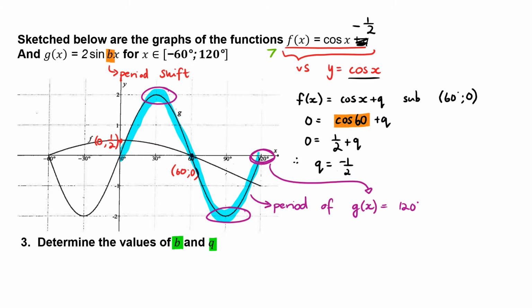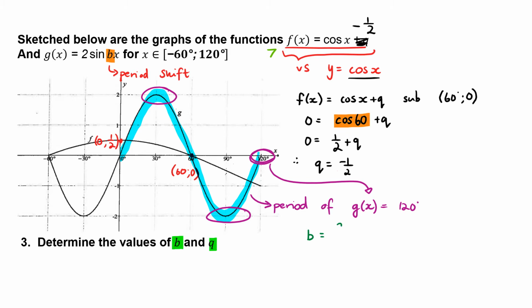120 degrees. And then we had a formula that we could use to work out that value of b or value of k in a given question. And the formula was given to us, in this case we'll use b instead of k, b is equal to the normal period of a sine function, and you should know that the normal period of a sine and a cos function is 360 degrees, and the normal period of a tan function is 180 degrees.